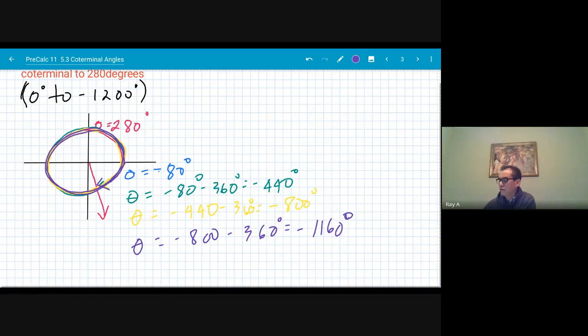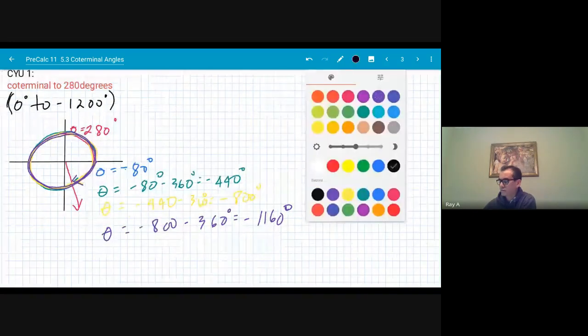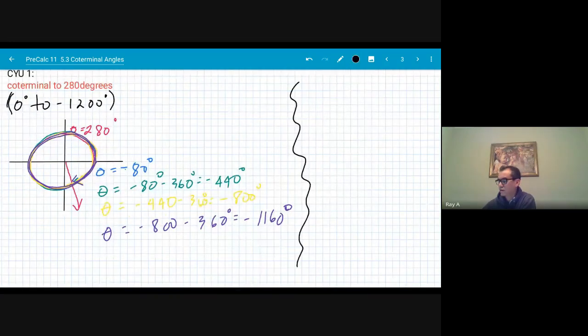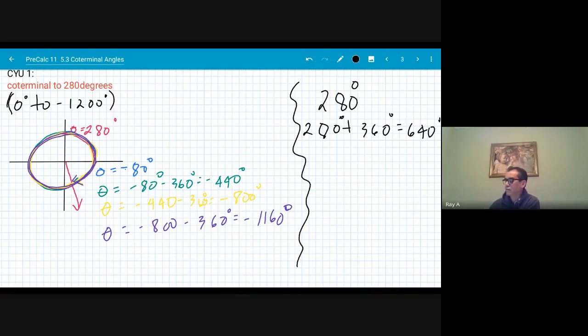Now, if you think about it, a coterminal angle to 280 degrees would be to add 360 to it as you go around. 280 plus 360 would be 640. So that's one coterminal angle that I found.